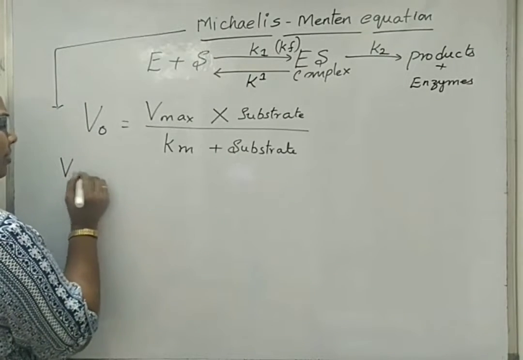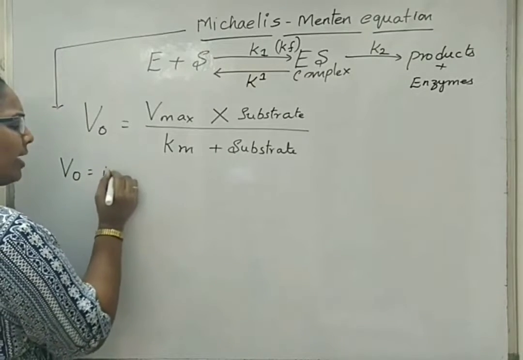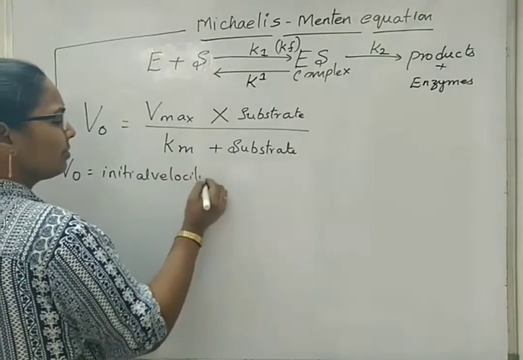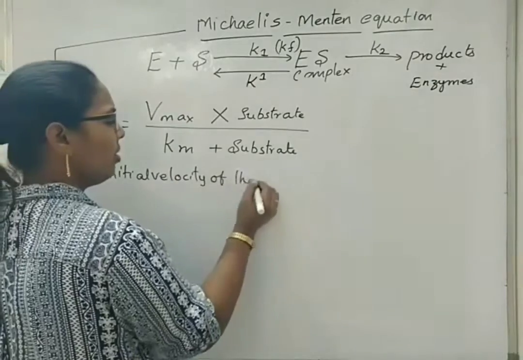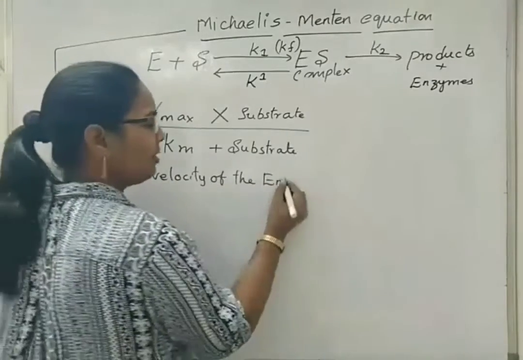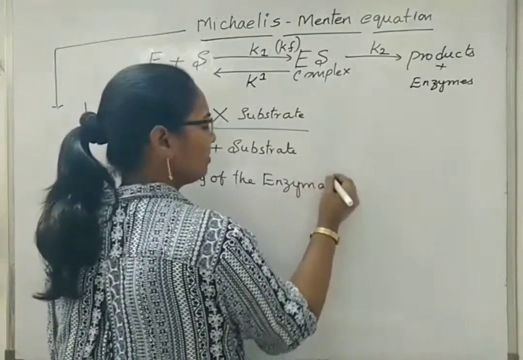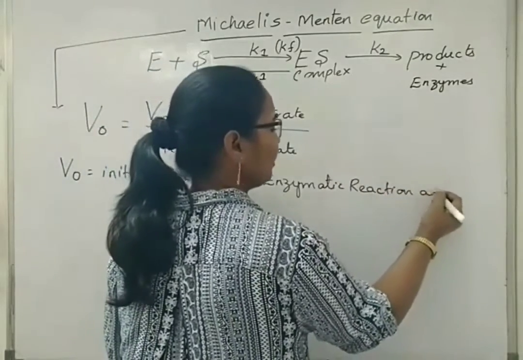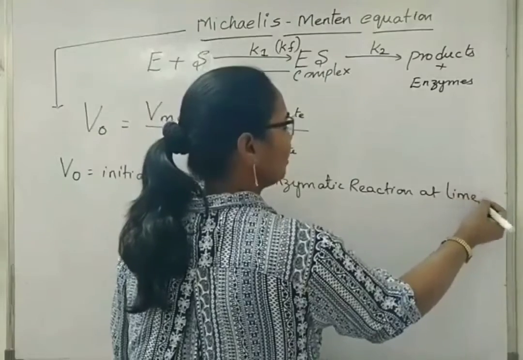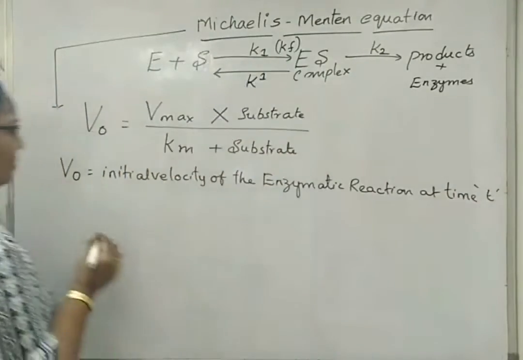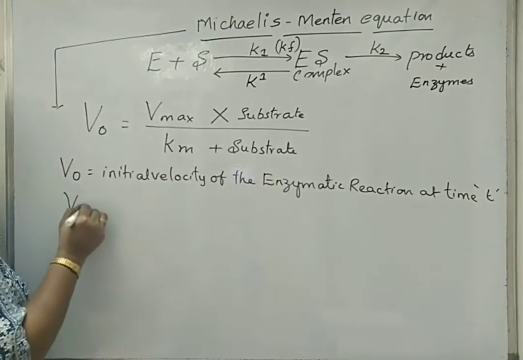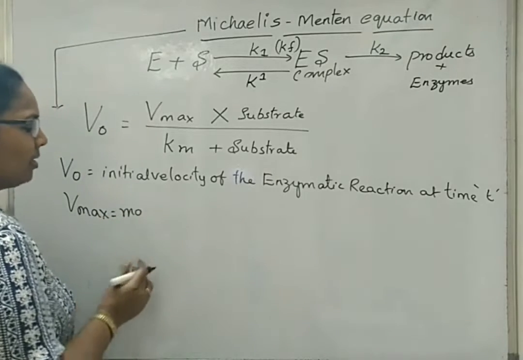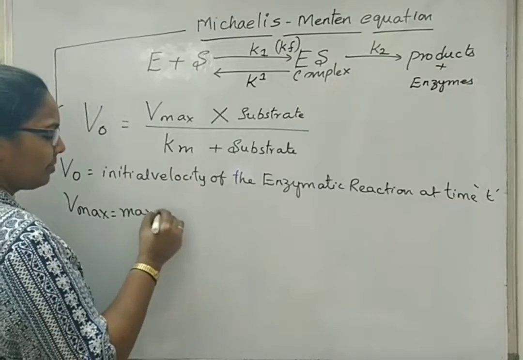Now what is V0? V0 indicates the initial velocity of the enzymatic reaction at a particular time, or at time t. Vmax means the maximum velocity of the enzymatic reaction.